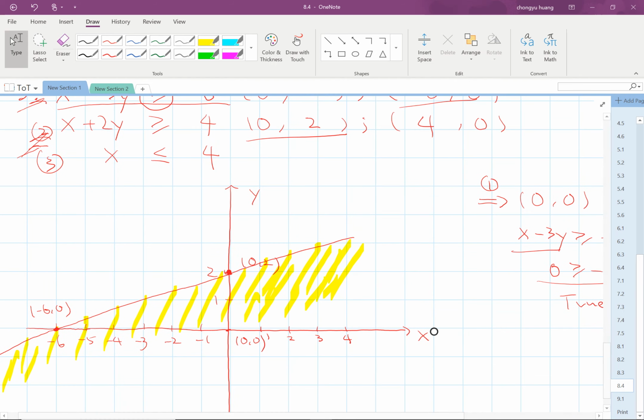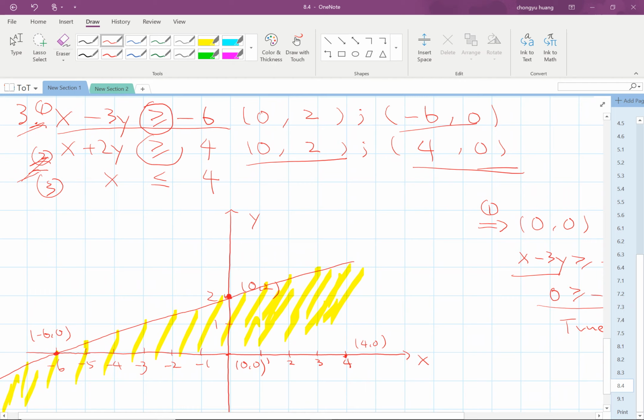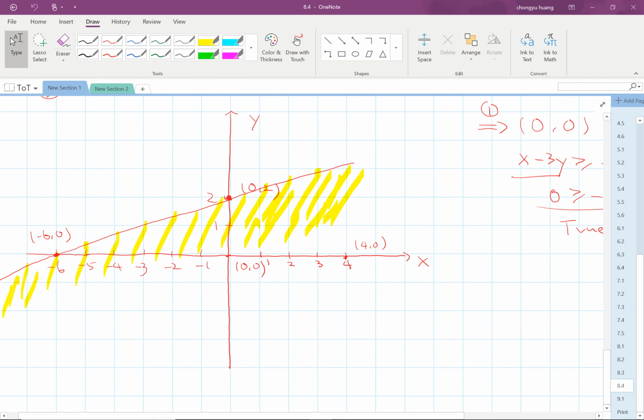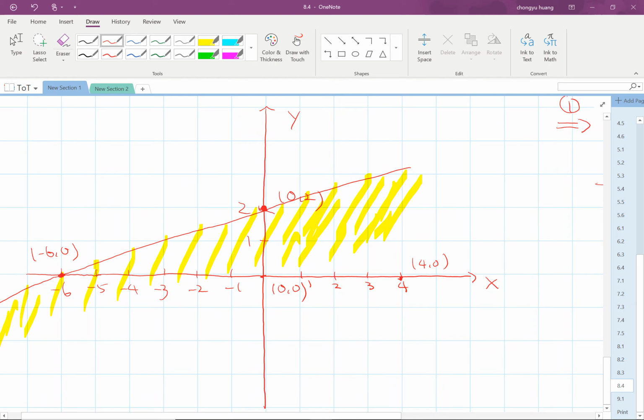The second point is 4, 0, so this point over here represents 4, 0. The inequality over here is bigger and equal, so the point of the intersect is included, and you're going to draw a solid line. Let me zoom in a little bit. Oh, it's quite bad.